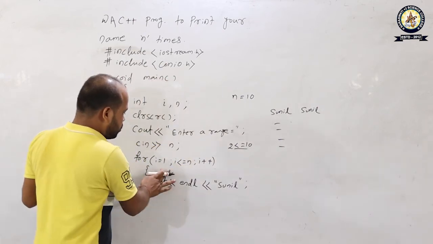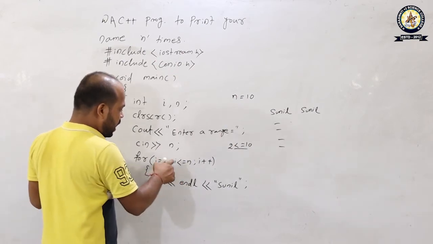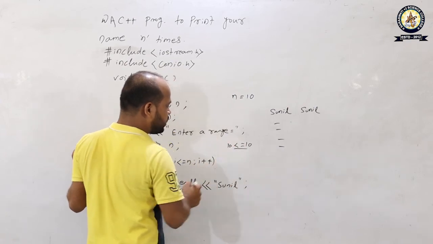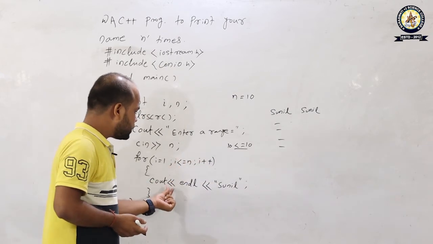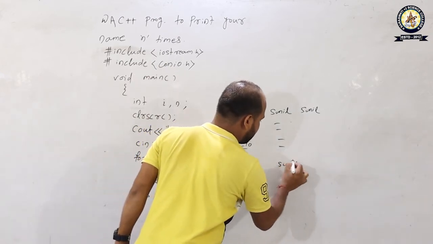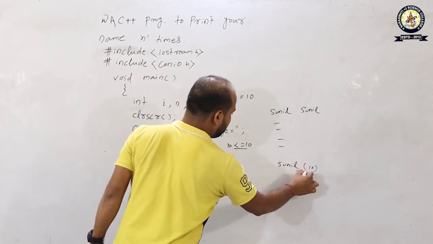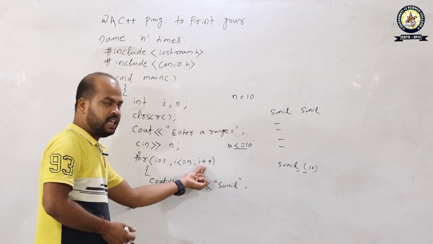So when the i value becomes 10, then i equal to 10, 10 less than or equal to 10, the condition will be true. Then it will display your name on the 10th line. Then after that the i value will become 11.